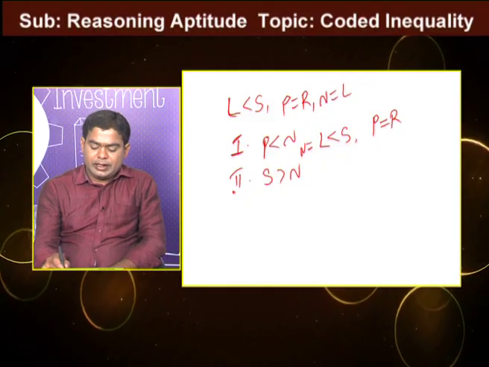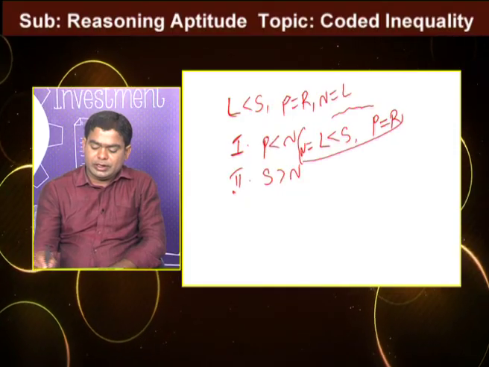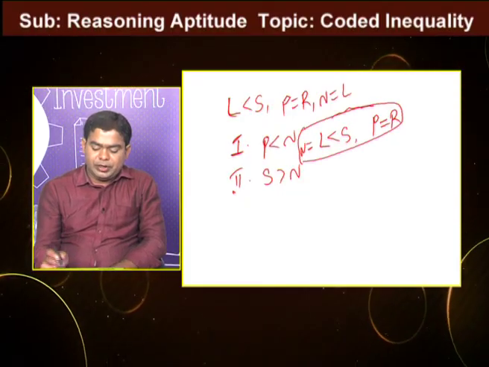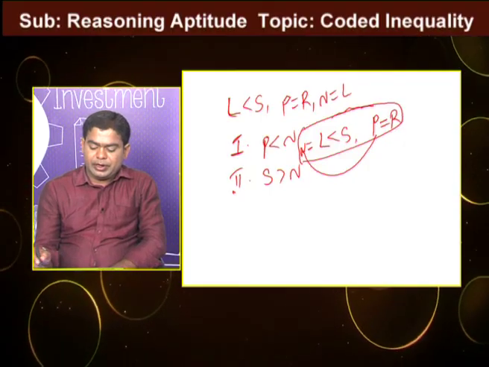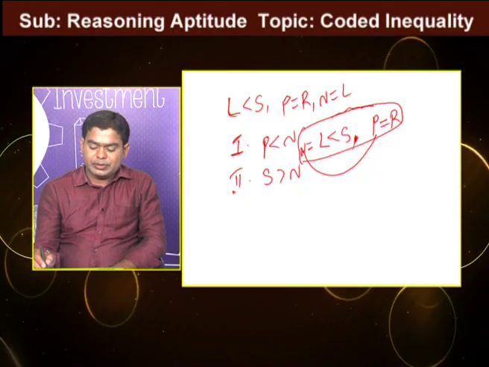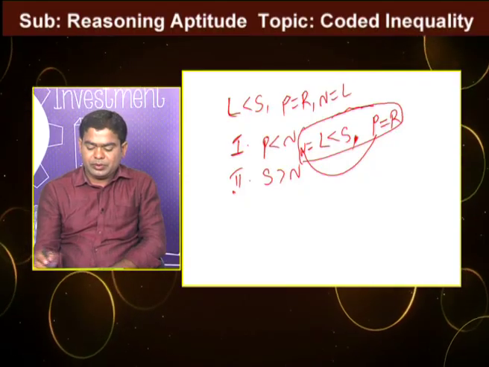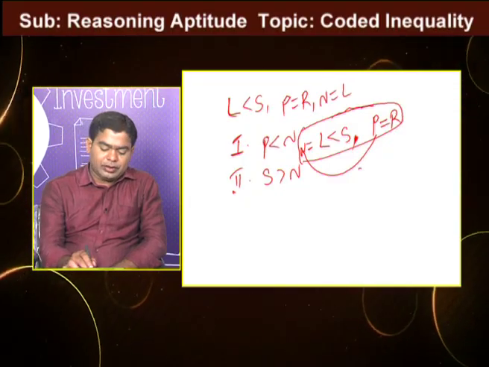So the statement is in two parts. We verify the relation between P and N. Here N is there, P is there, but there is no relation between them. The comma means it is a breakup sentence, so there is no relation between the first part and second part elements. So conclusion 1 does not follow.